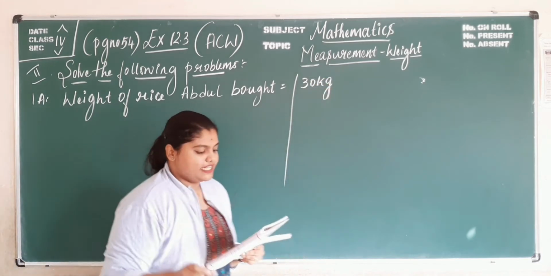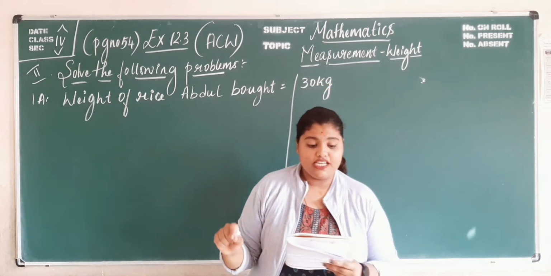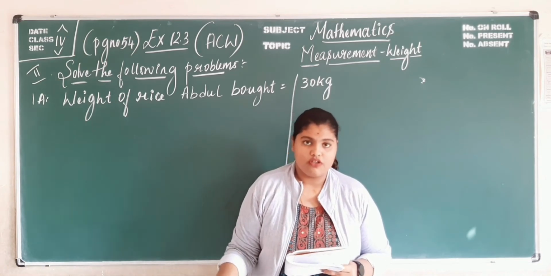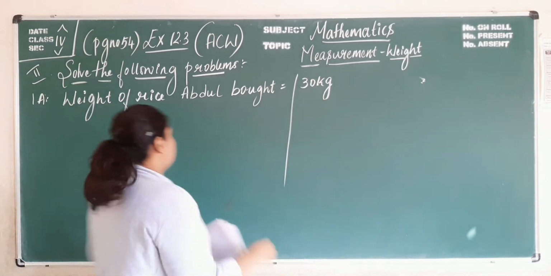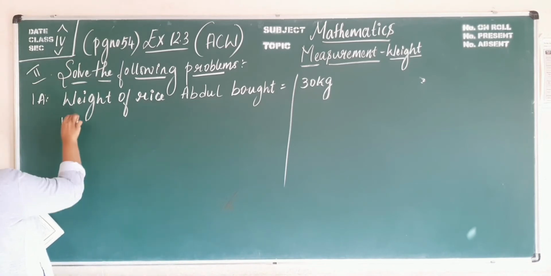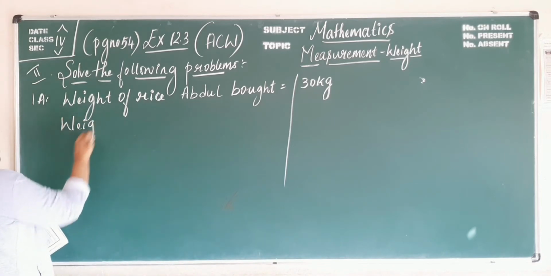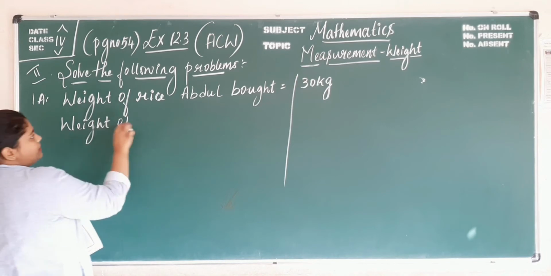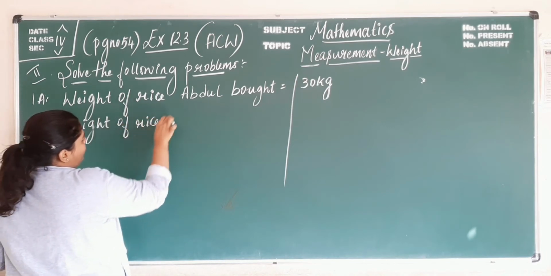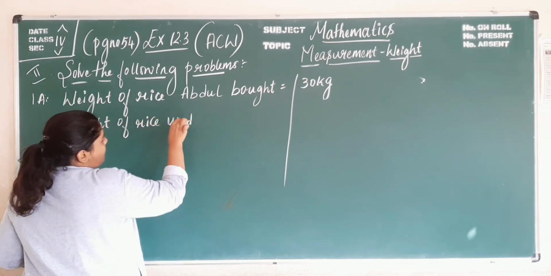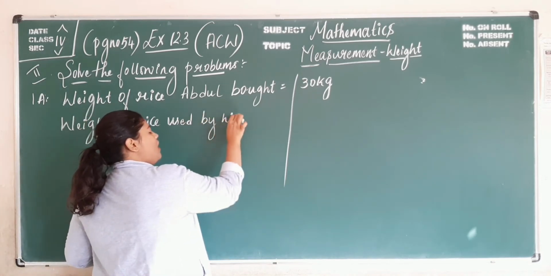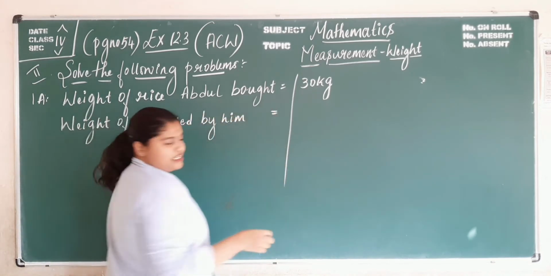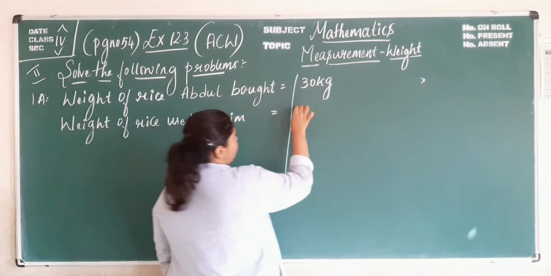So what is the next statement? From this, if 19 kg of rice was used. Yes, weight of rice used. So next statement, weight of rice used by him. How much rice did he use? 19 kg.